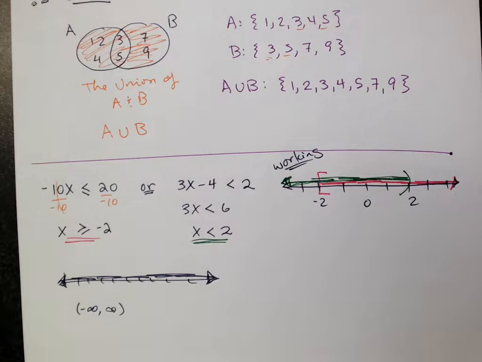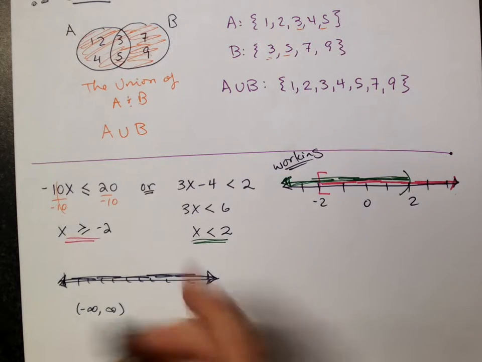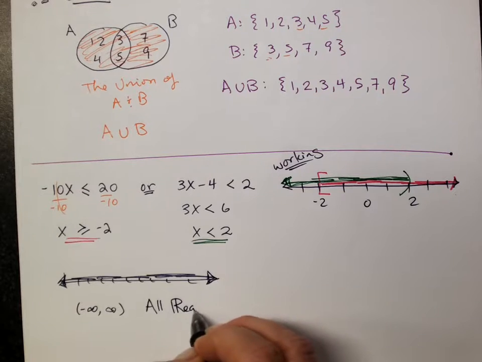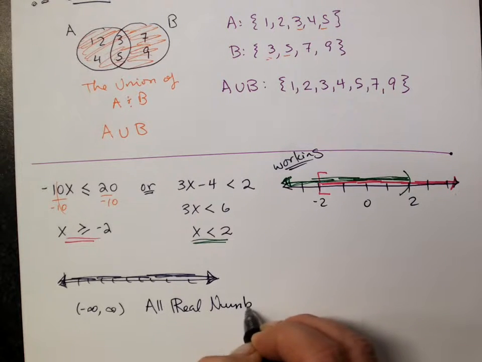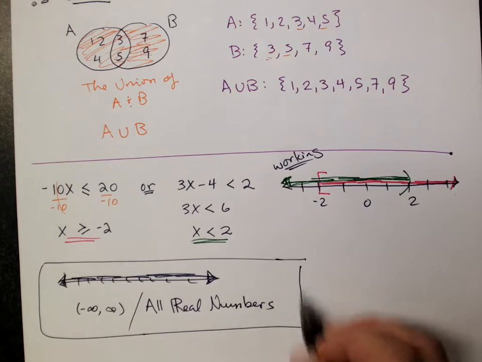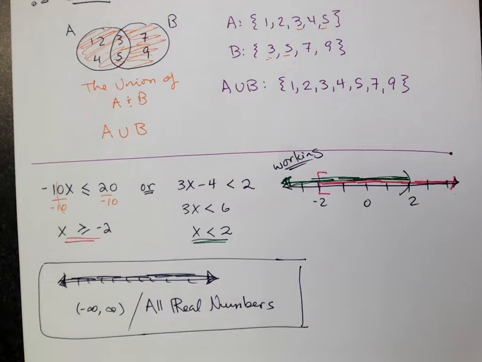Lines had infinite domains. You might also see this written as all real numbers. So you could write it as one or the other. That's what it means in interval notation and just in words. All real numbers. X can be anything.